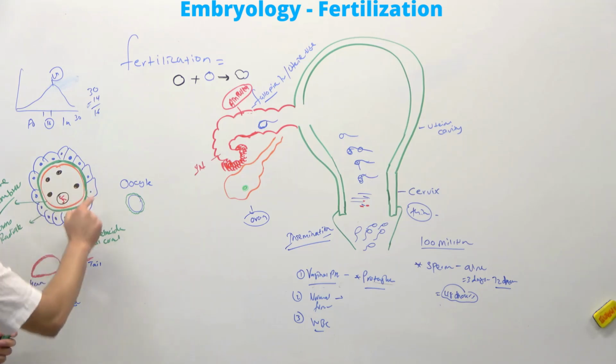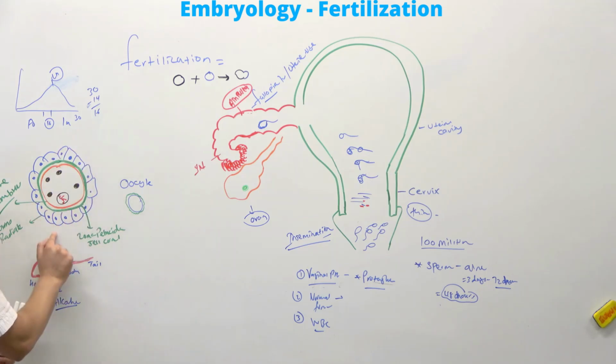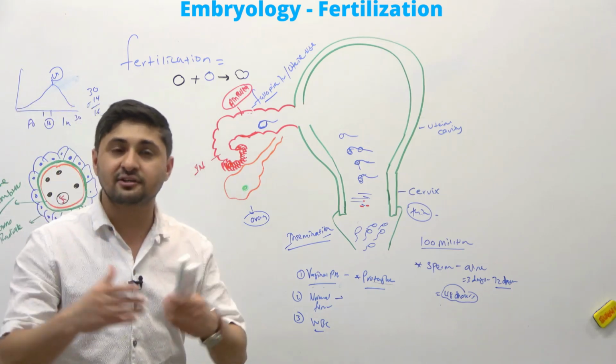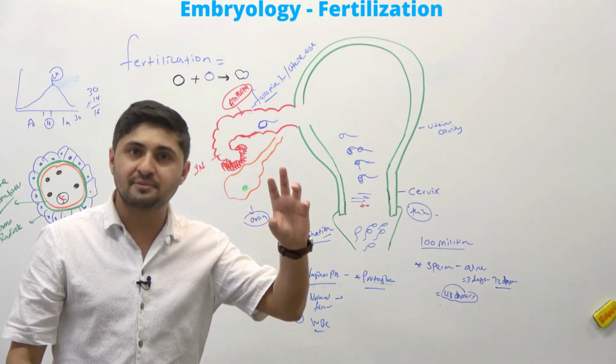But you know what happens to these oocytes after ovulation, because of the LH surge? This secondary oocyte gets ruptured.